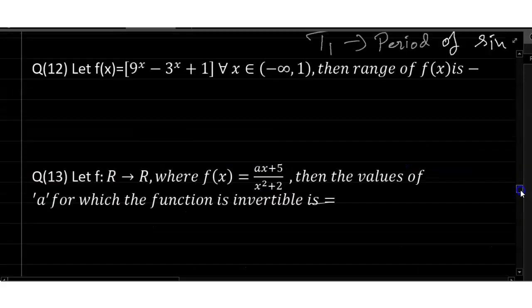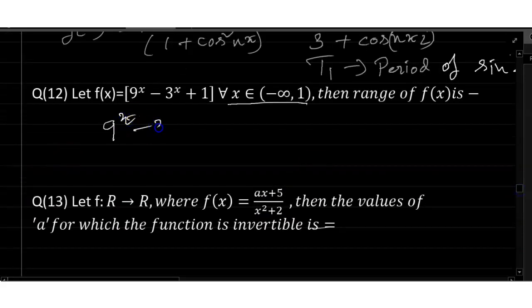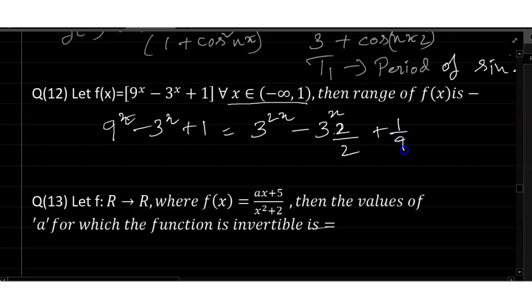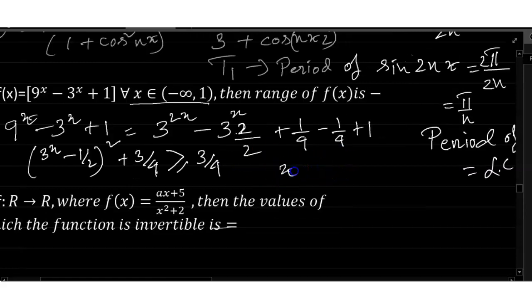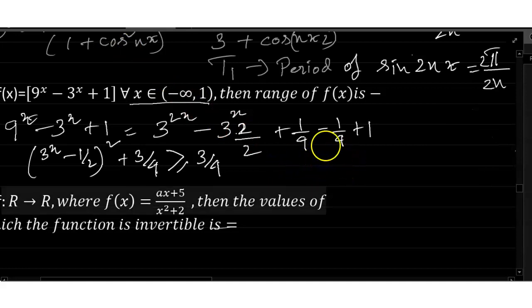Next, friends, the expression can be written as square of 3 to the power x minus 1 by 2, plus 1 by 4 minus 1 by 4 plus 1, which becomes a square plus 3 by 4. Its value is greater than or equal to 3 by 4, where the highest value of x is minus infinity to 1. This value will become minus half.